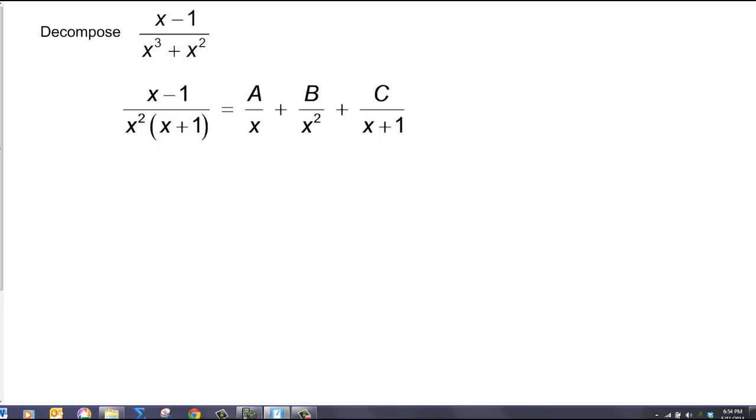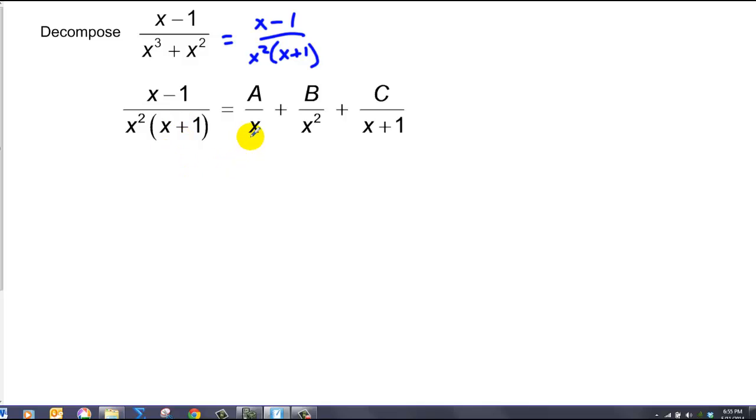In this case, we have x minus 1 over, and I have a term that factors. In this case, it factors to x squared times x plus 1. Well, x squared is a product of repeated linear factors of x and x. So what I have to do is represent each of those linear factors in my possible decomposition.